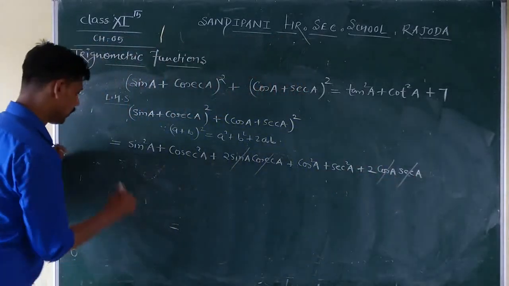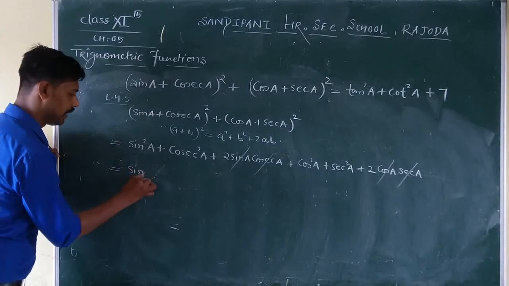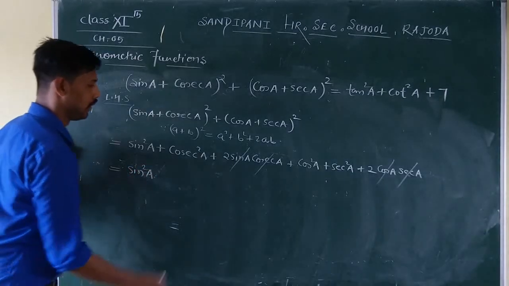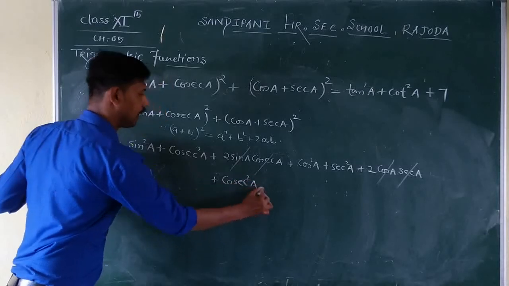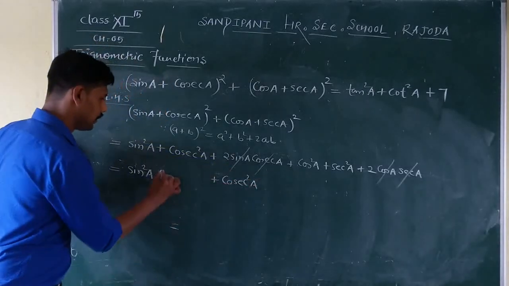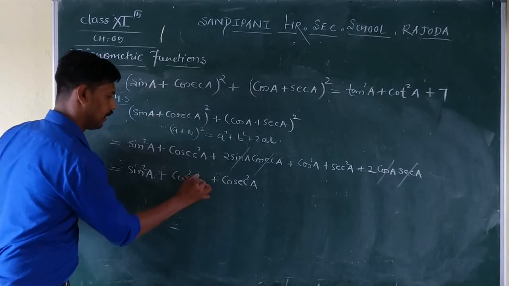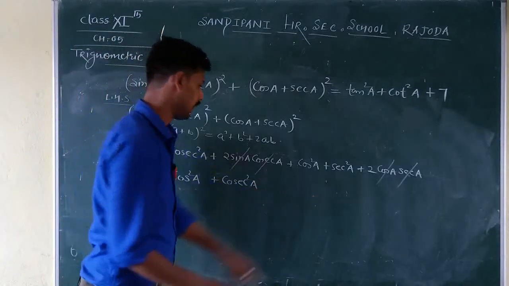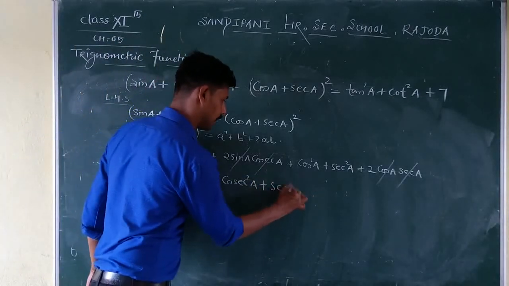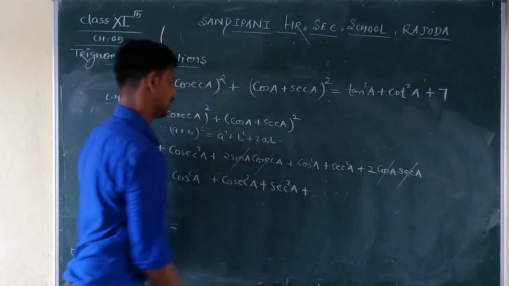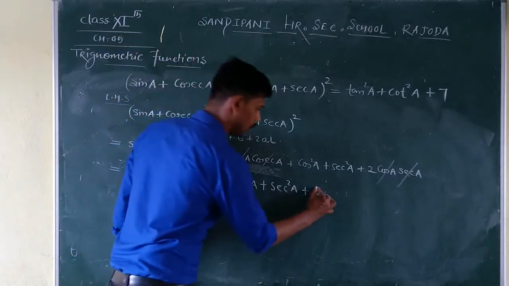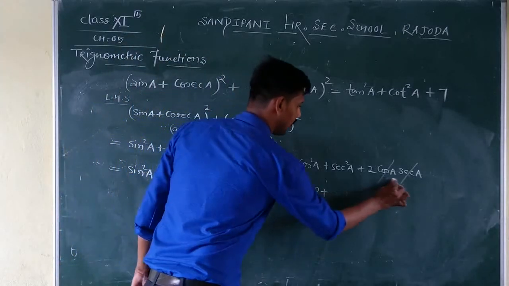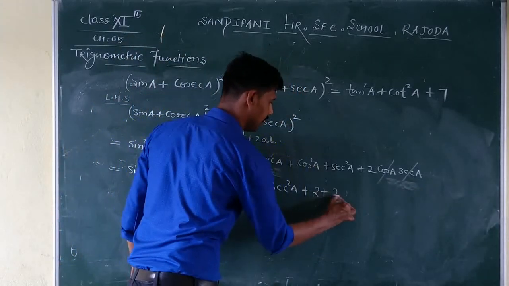Now we get sin square A plus cosec square A plus cos square A plus sec square A, plus, after cancellation of sin by cosec, we get 2, plus, after cancellation of cos by sec, we get 2.